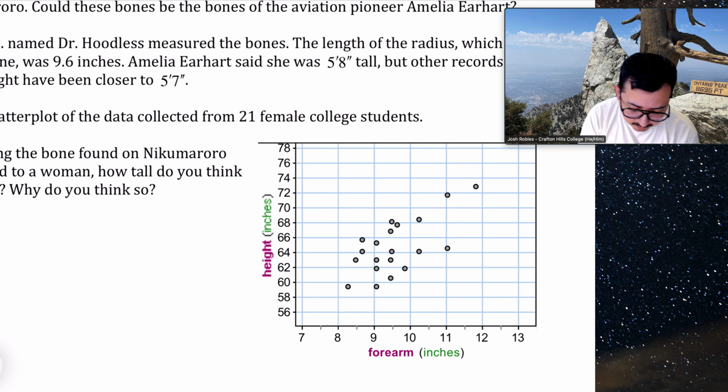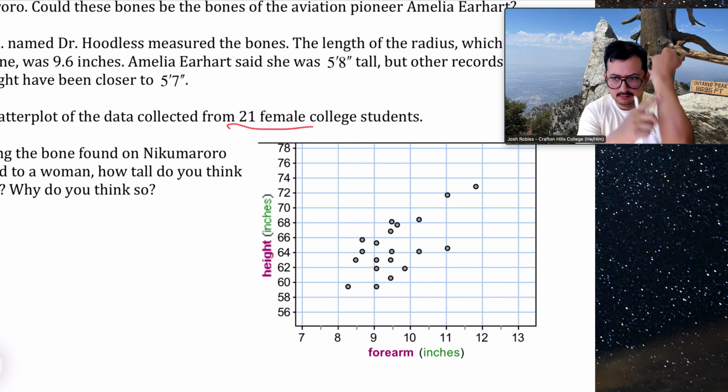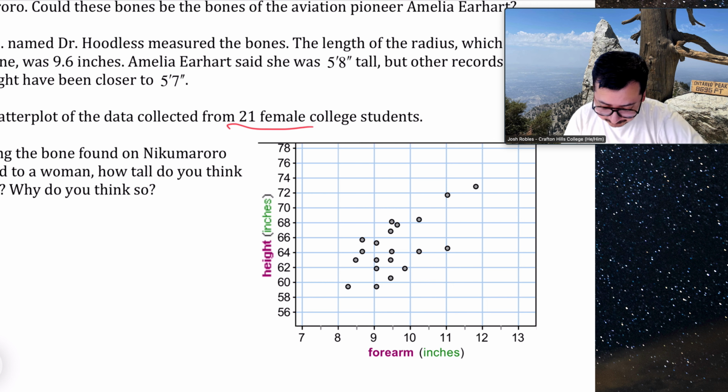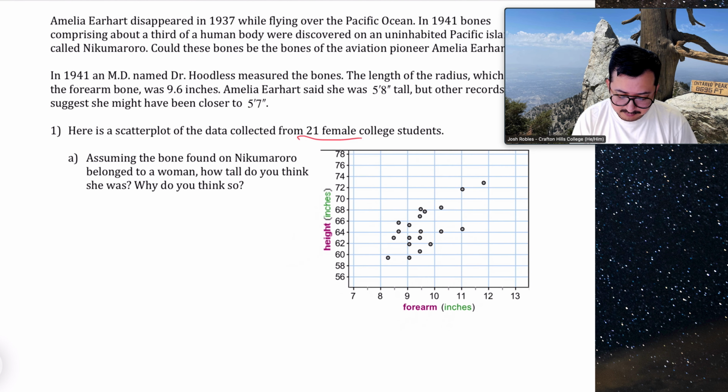These are for 21 female college students. Forearm, I think that's this piece here, from your elbow to your wrist, roughly. And so inches, from a little bit less than 8 to a little bit over 12 inches, then comparing to their height. You can see there's a pretty strong pattern, but of course it's not a perfect pattern. Some people just proportion-wise have longer and shorter arms relative to their height.